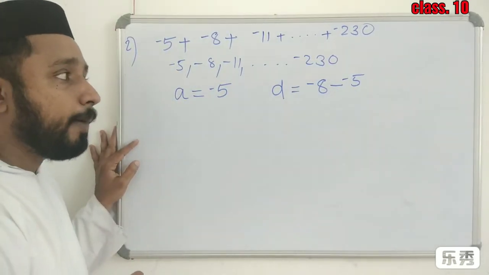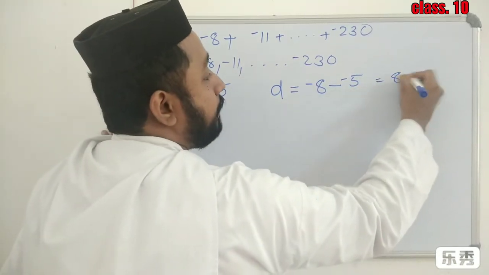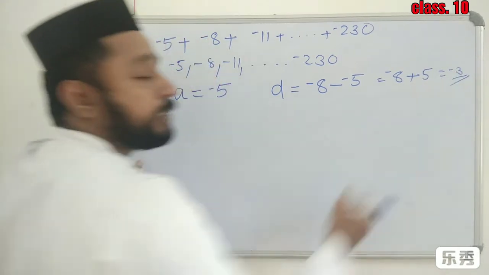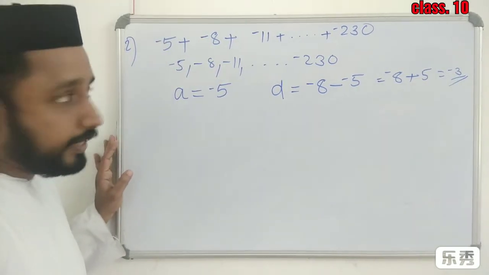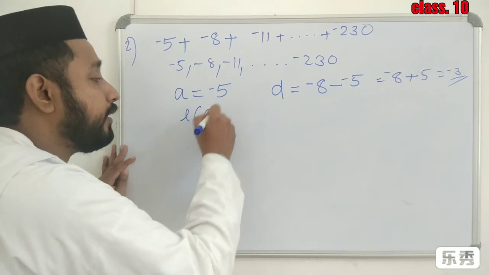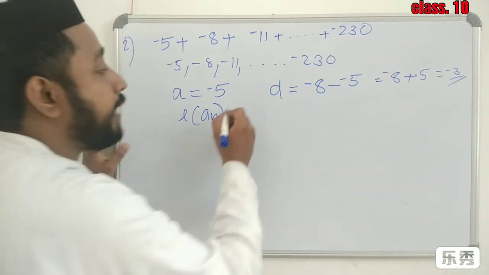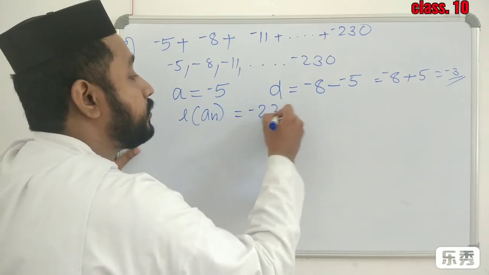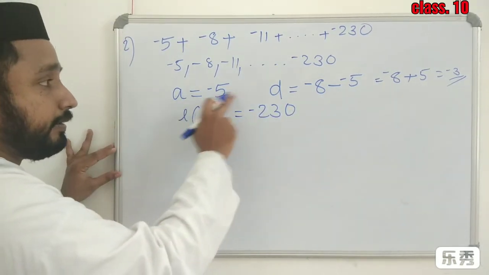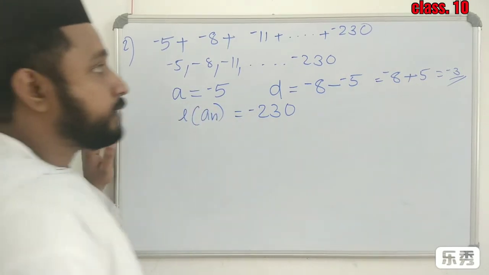So d is equal to minus 8 plus 5, which is equal to minus 3. So we got d as minus 3. Then last term, we represent by l or an, is equal to minus 230. So we have a, d, and last term l, that is minus 230.